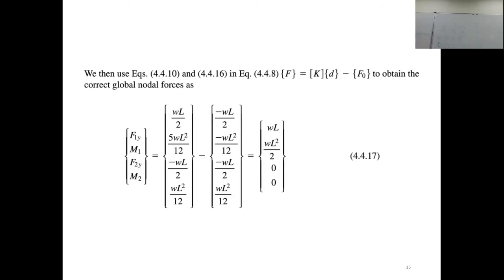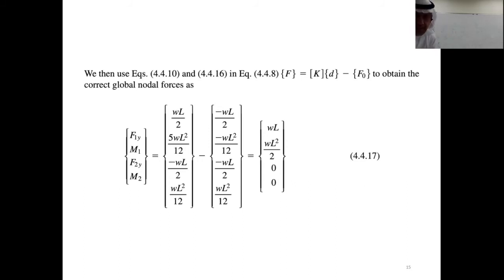This is the other way to look at it. Because once you solve for the primary unknown, you could find K times D, and then you can take the F naught to the other side. This is called FE, F effective.